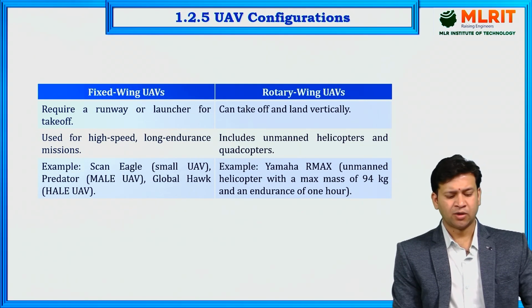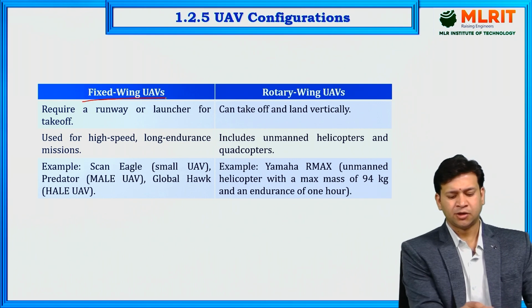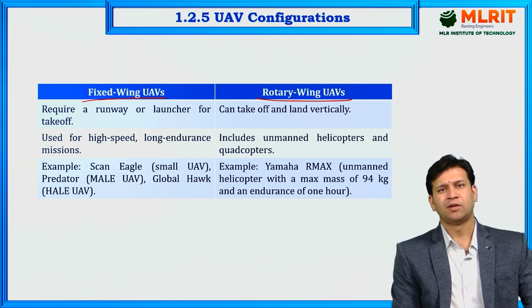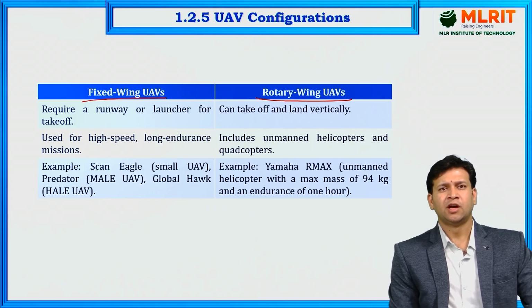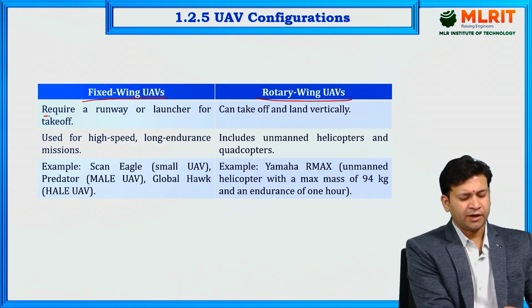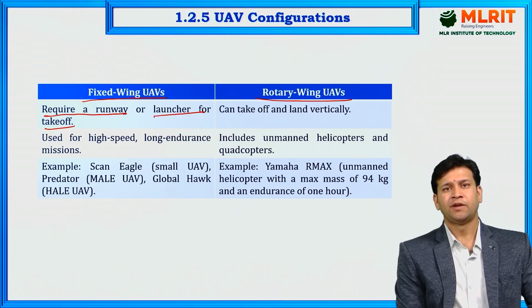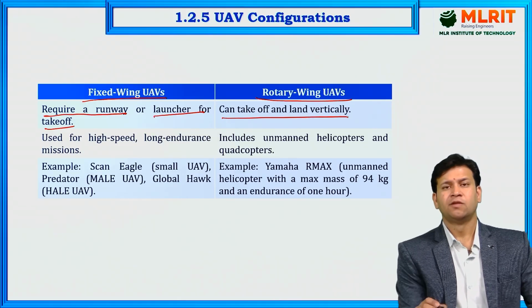UAV configurations fall into two categories: fixed wing unmanned air vehicles and rotary wing unmanned air vehicles. There is also one more configuration, which is a hybrid of these two, fixed wing and rotary wing. Fixed wing unmanned air vehicles require a runway or a launcher for takeoff, whereas a rotary wing can take off and land vertically.